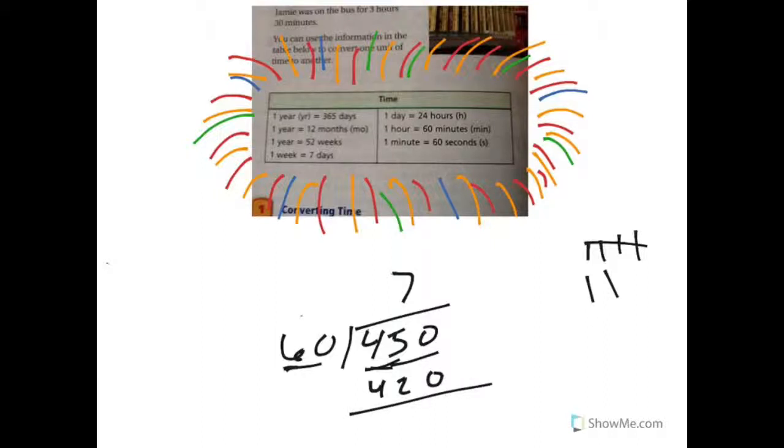Subtract it out. We end up with 30. 60 does not go into 30, so I have 30 left over. 30 minutes is what? Okay, 1/2 of an hour. So 7.5 hours is what 450 minutes would translate into.